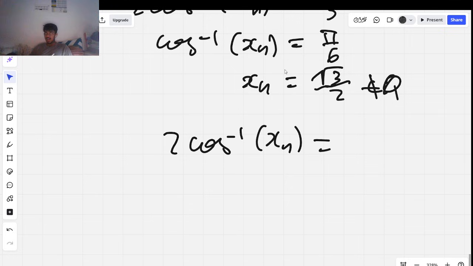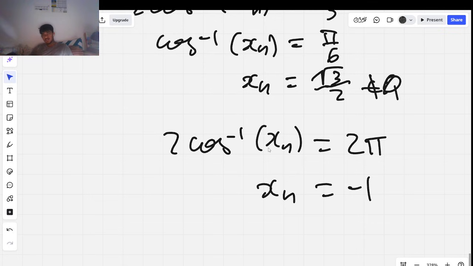The other value I can have is 2 pi. Then x_n would be cos pi, which is minus 1. Okay.